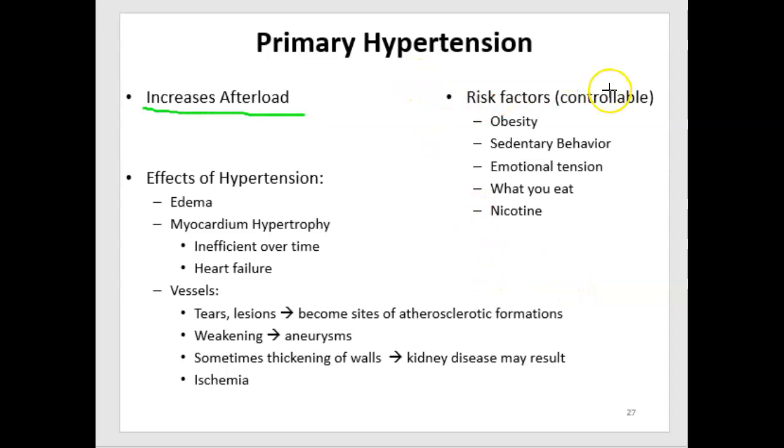Now, the risk factors for developing primary hypertension are obesity, sedentary behavior, tension, what you eat, which relates to obesity, and nicotine can cause hypertension because it causes vasoconstriction. Now, the results of this primary hypertension, this high blood pressure, will be edema because the net filtration pressure will be higher.